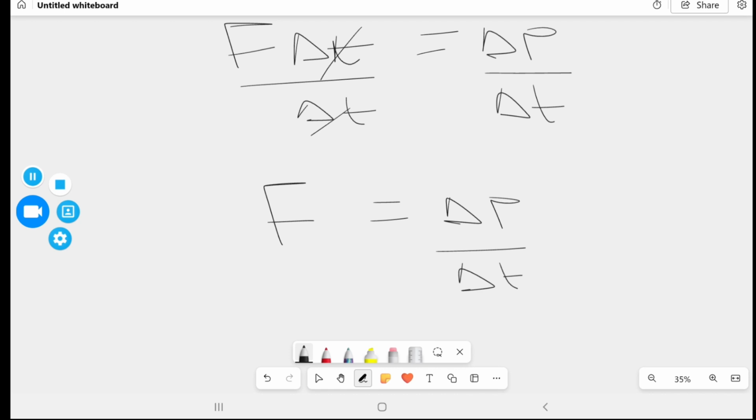Are you given force, momentum, time, or acceleration? Depending on what variables you are given, you can define force.